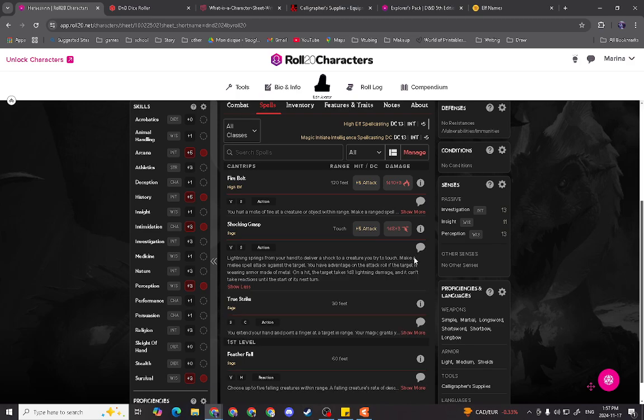Are the skeletons next to each other or on either side of the cave? They are next to each other. Okay. So then I would go up and touch each of them with my hand and use Shocking Grasp.